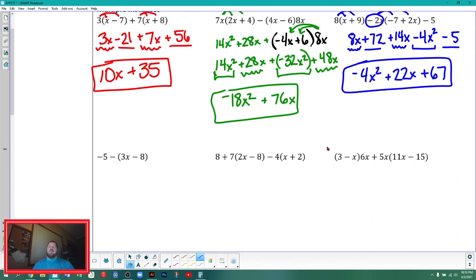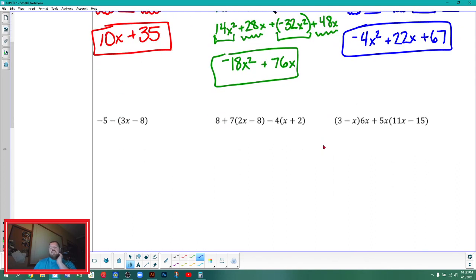A little tricky on that one. This first one that we have here does not actually have multiple rounds of distributive property, but it does have something tricky. It has this negative sign in front of the parentheses. I technically have to distribute that negative in order to get rid of those parentheses.